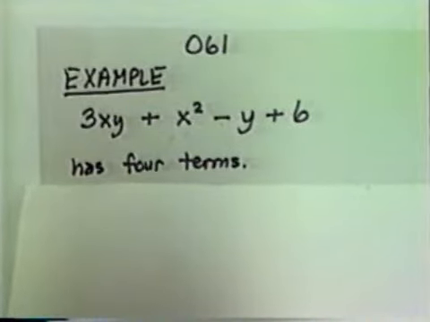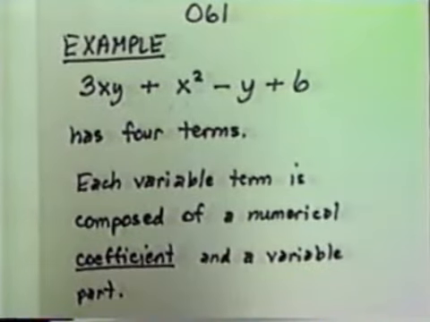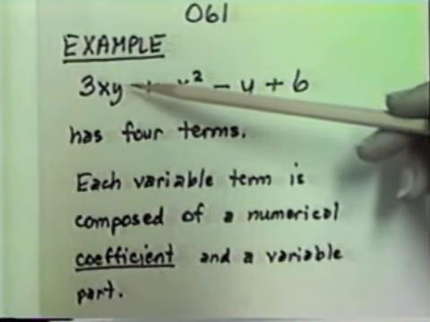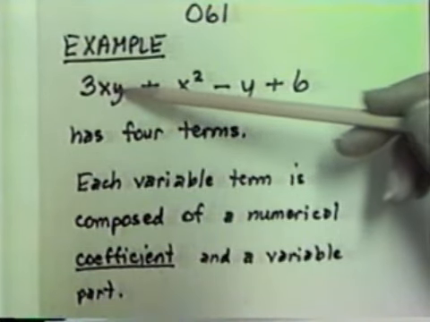Each term in an expression has different parts. Each variable term is composed of a numerical coefficient and a variable part. For instance, our first term, 3xy, is composed of the numerical coefficient 3 and the variable part xy.